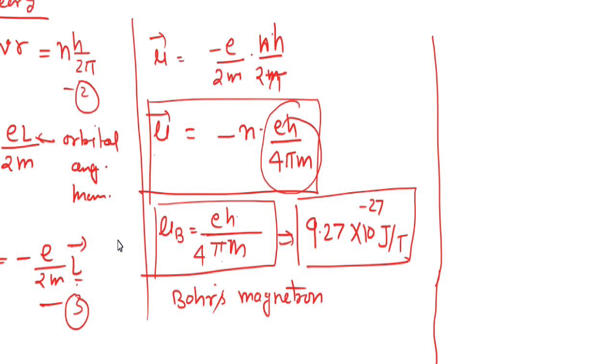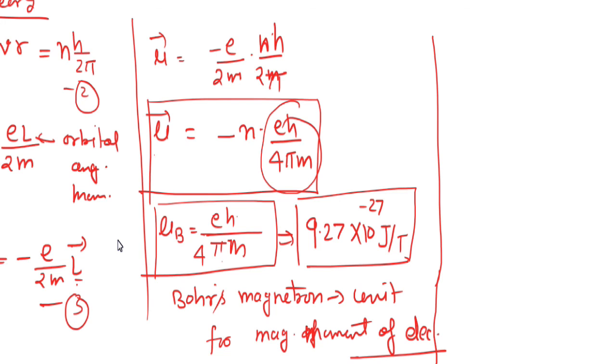So you can say that the Bohr's magneton is also a unit for the magnetic moment of an electron.